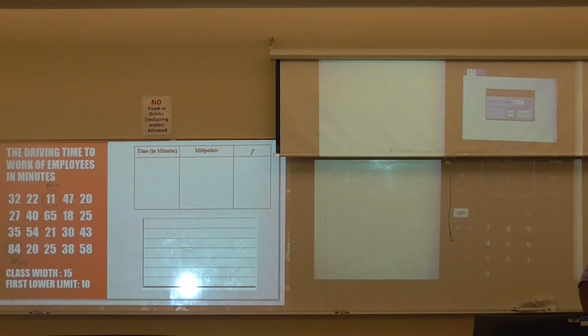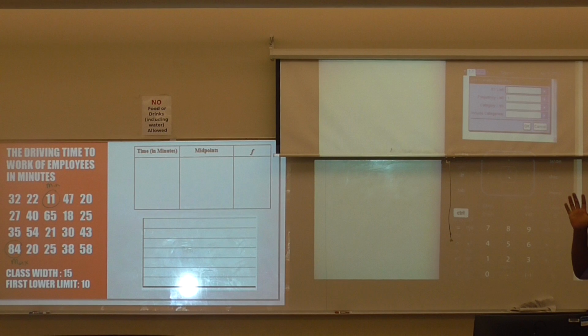So enter, and here it asks, okay, which X list are you looking for? Well, the X list that we hit, I labeled R1. So that's why it's recommended that you have short labels. If you have long labels, it's going to be hectic for you. Frequency I'm going to keep as 1 because I don't have any frequency distribution.